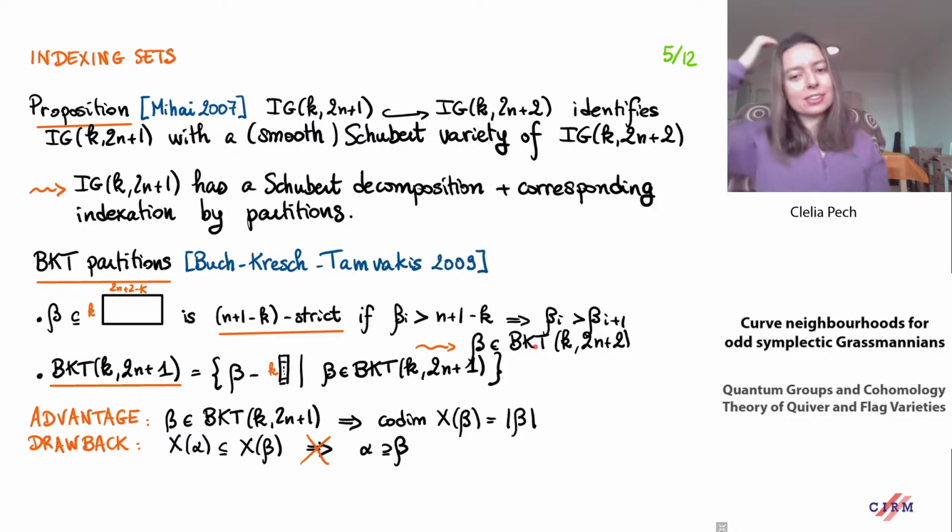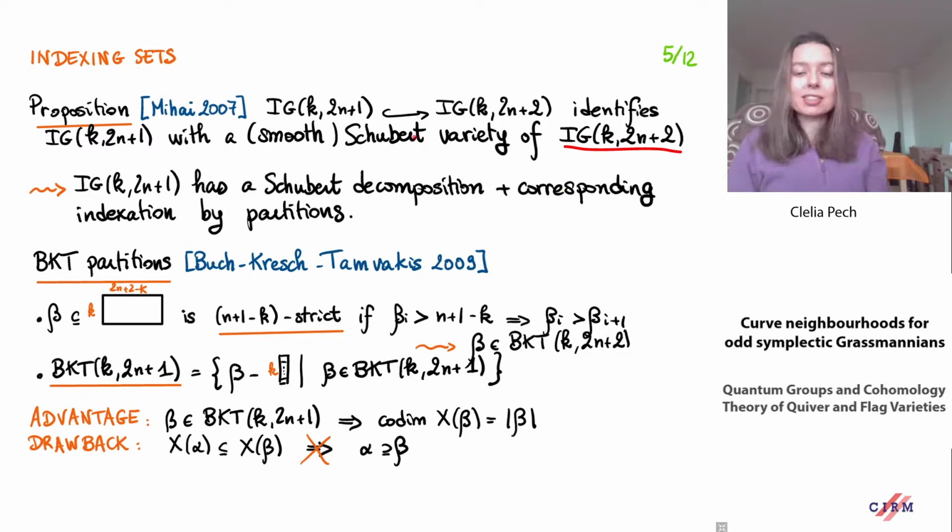All right, so these indexing sets. First thing to say is that it's a result of Mihai that the out-symplectic Grassmannian is a smooth Schubert variety of this symplectic Grassmannian.